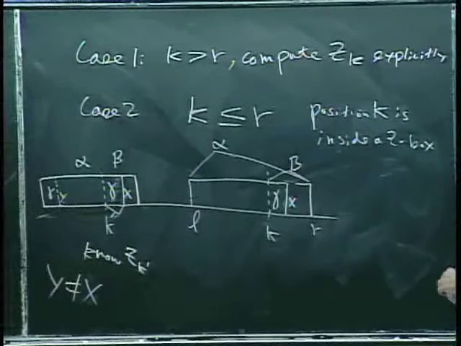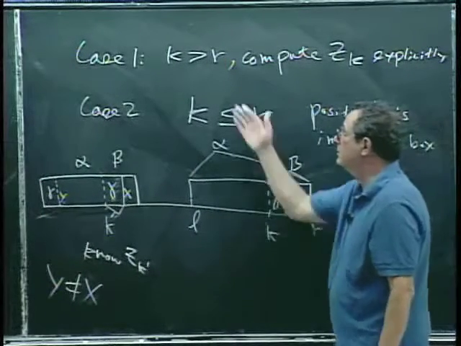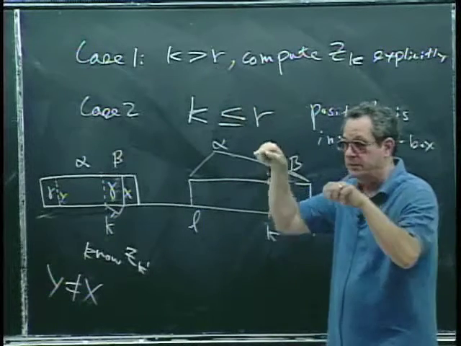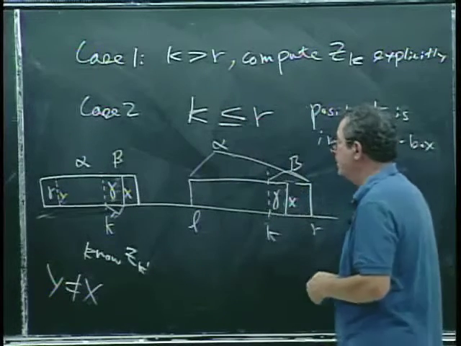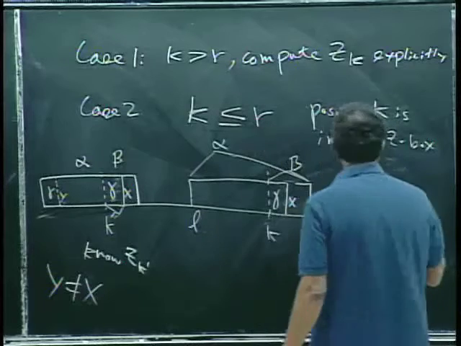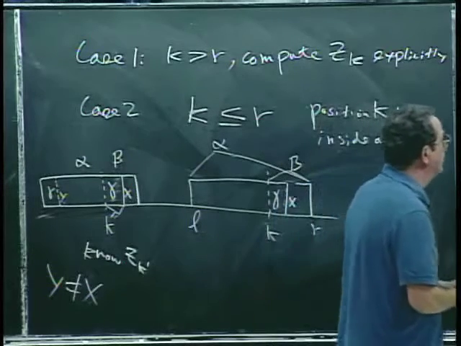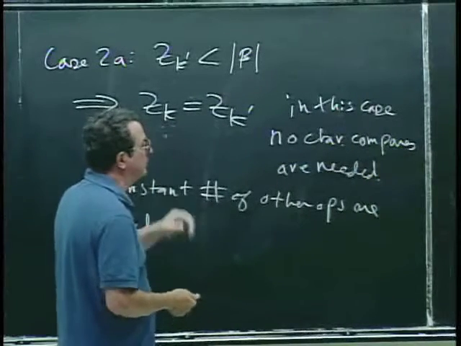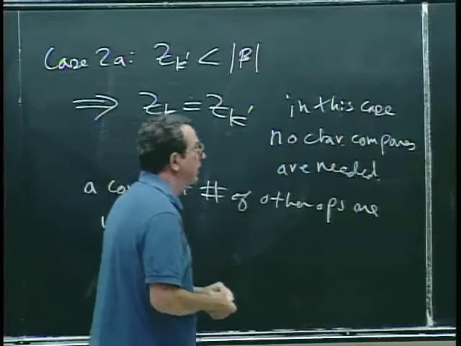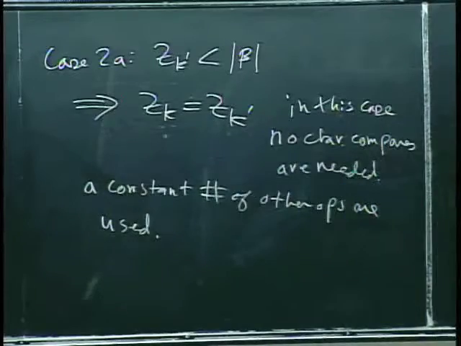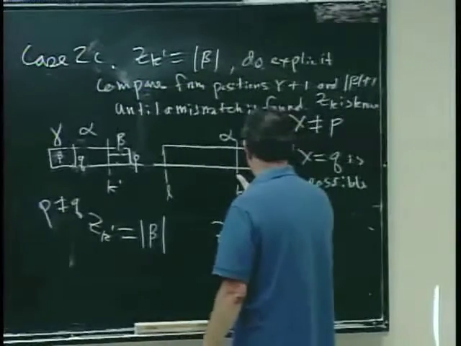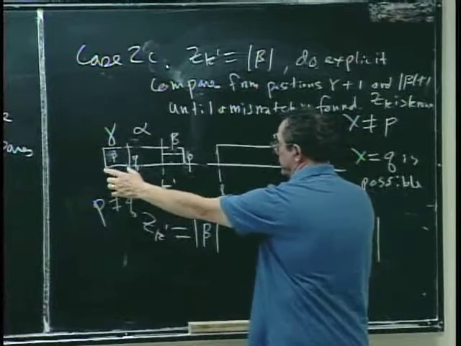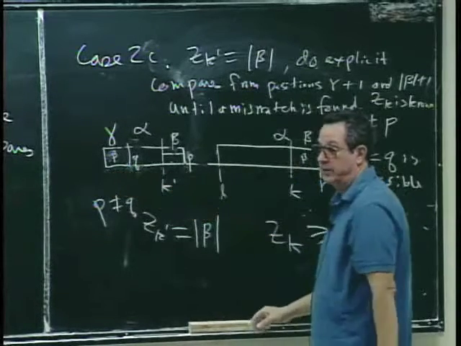Certainly, when you computed z in case 1, it's correct because you're doing the explicit comparisons. In case 2a and 2b, we went through the arguments that showed that we could compute zk without doing any explicit comparisons. In case 2c, we argued that this first portion, beta, was equal to a prefix in beta, and from that point on, you're doing explicit comparisons.